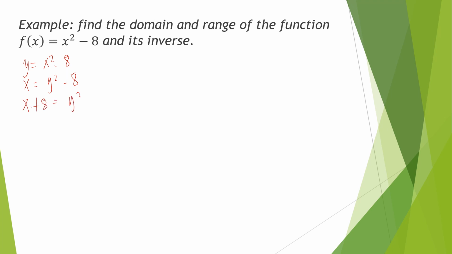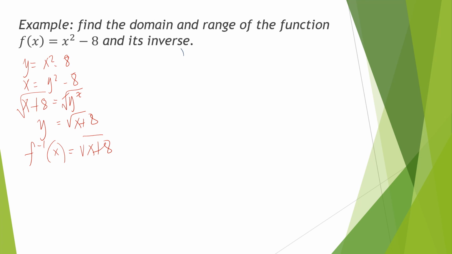So, y squared. Then, to have y alone, we remove the square, so we put a radical here. So, y is equal to square root of x plus 8. That is the inverse. So, the inverse f raised to negative 1 is equal to square root of x plus 8. So, that is our inverse.